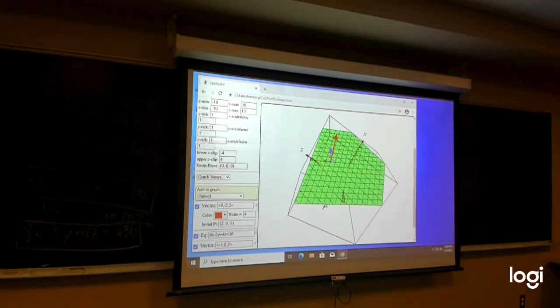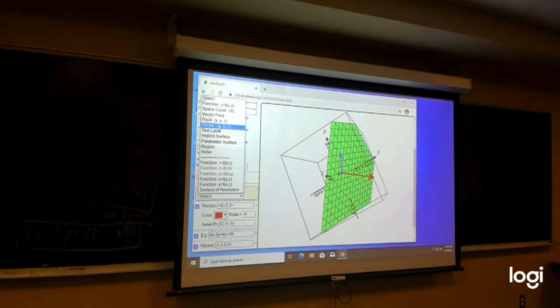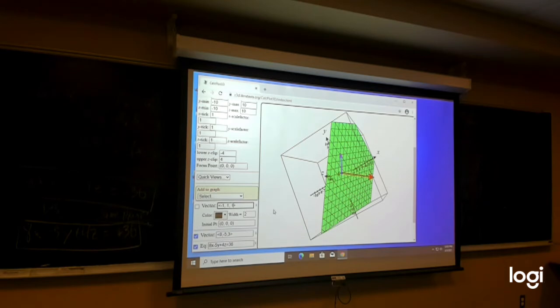So if V and W are these purple and green vectors, N is the vector sticking out, that 8, negative 5, 3 that we found, that's orthogonal to both of them. If we had wanted to, though, for a normal vector, we could have done negative 8, positive 5, negative 3, still sticking out of the point. Somebody remind me what the point was. 205. Thanks.